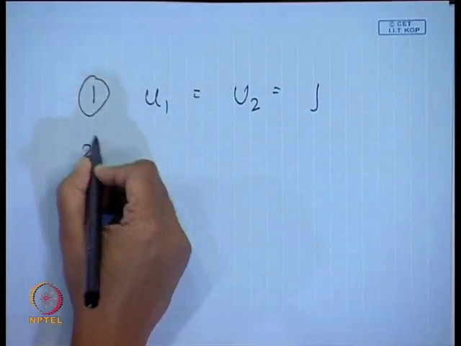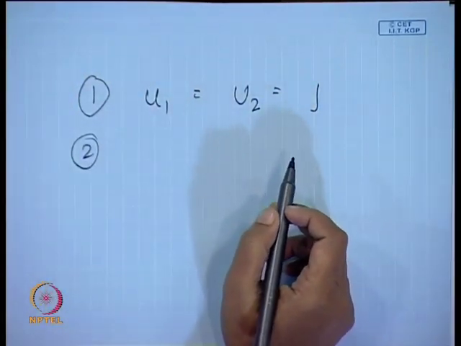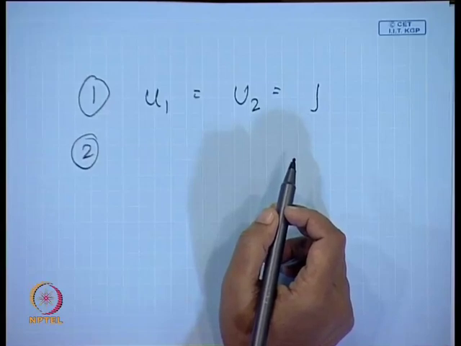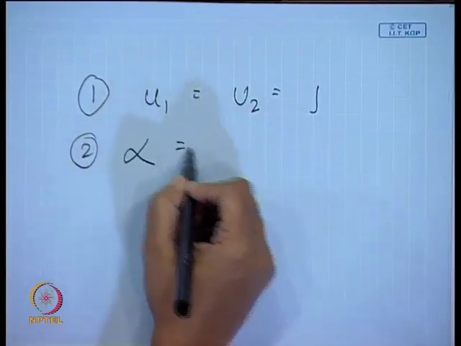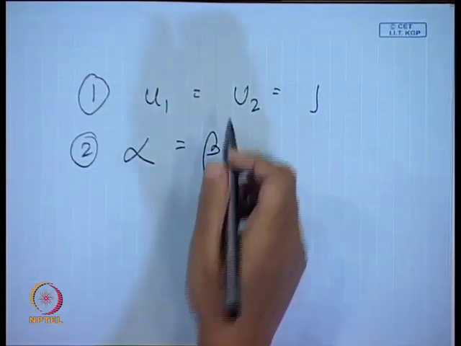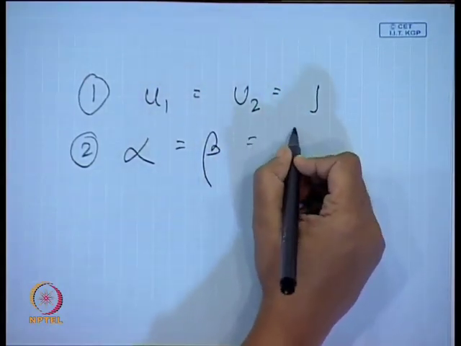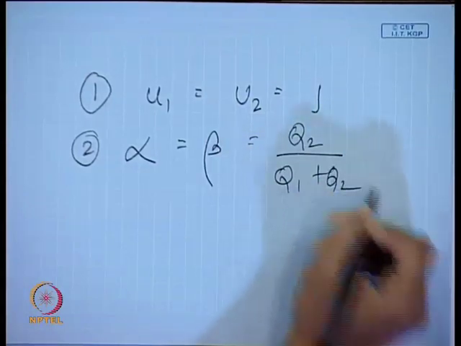The next thing it implies is that since there is no slip between the phases, whereas with slip alpha was not equal to beta, you remember? Automatically alpha equals beta, or in other words alpha is nothing but equal to q2 by q1 plus q2.